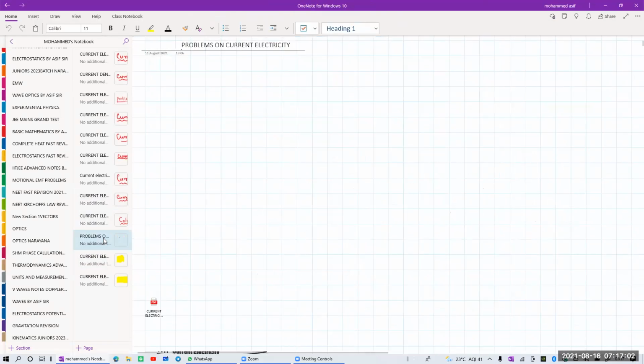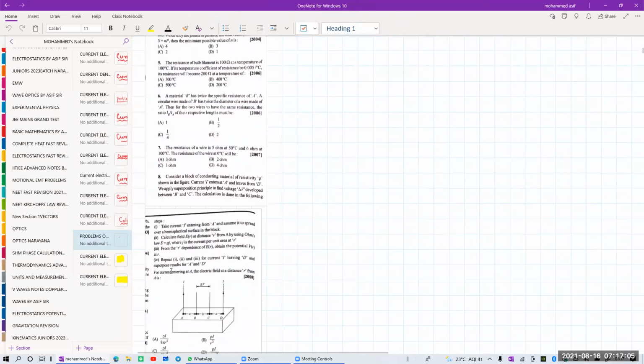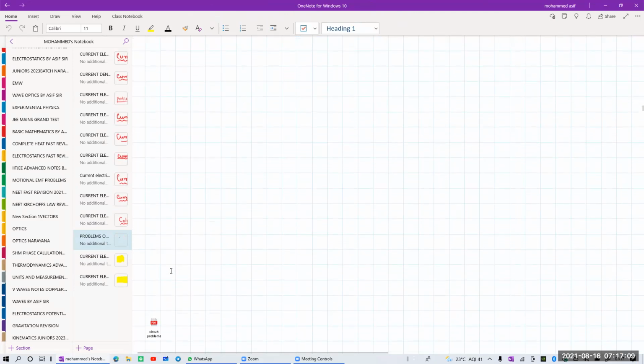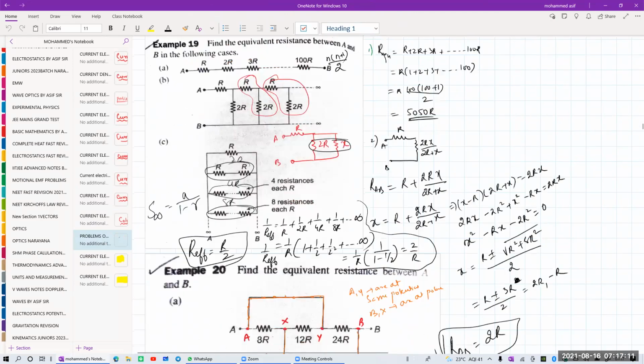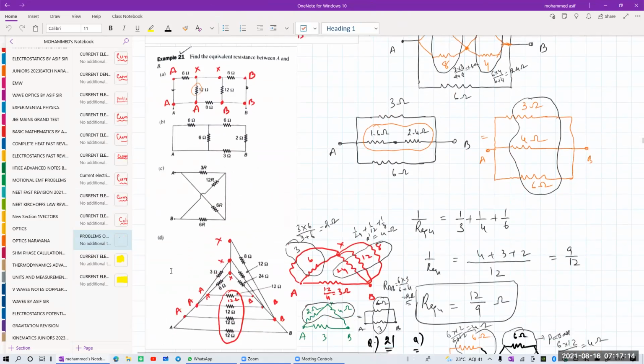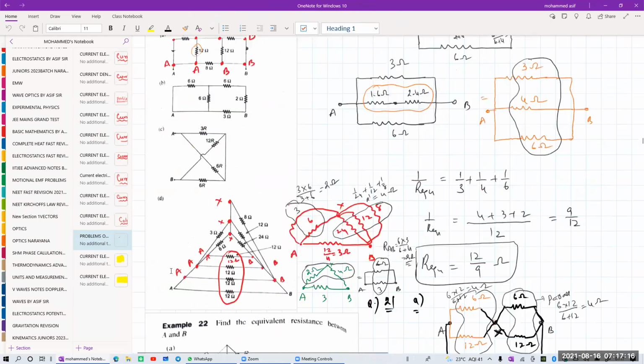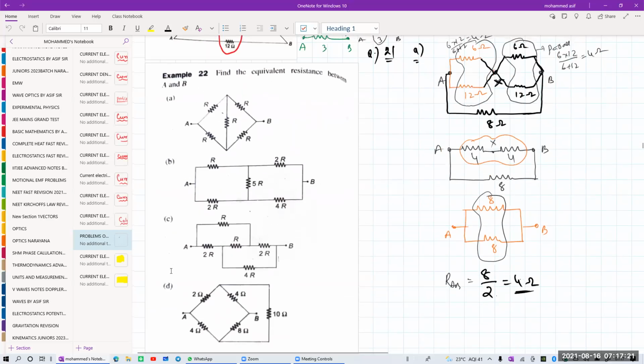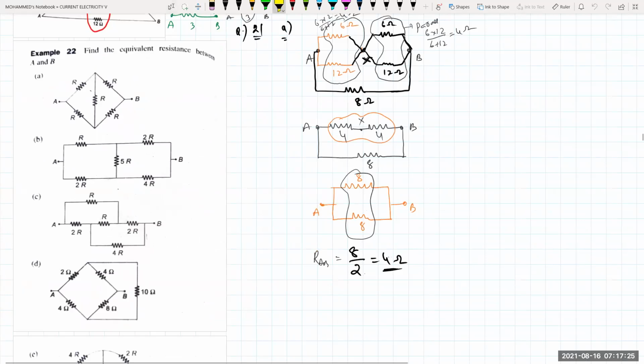Yes, sir. Chalo. We'll do some problems based on this one, beta. See this one, question number 22. Find the equivalent resistance between A and B. Is it forming a Wheatstone bridge? Yes, sir.